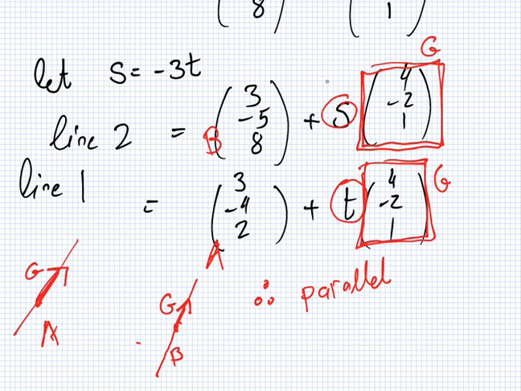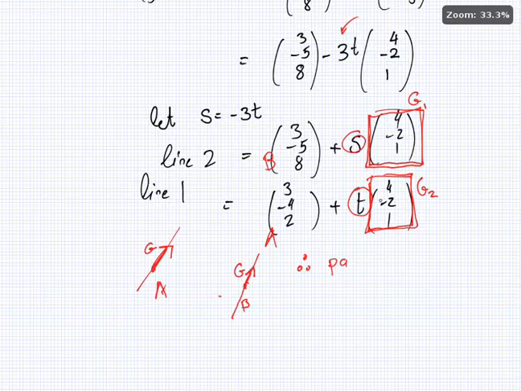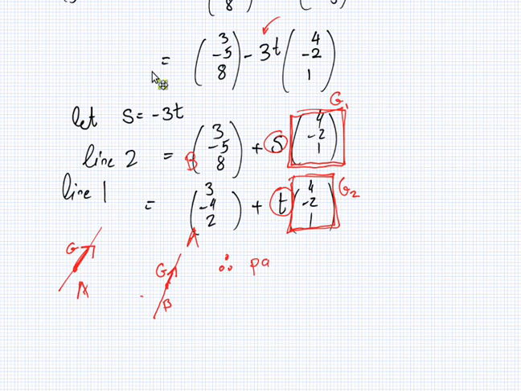To show that two lines are parallel, if we call this G1 and G2, you need to show that G1 is equal to some multiple of G2. And likewise, if you wanted to show that they're perpendicular, then the dot product of these two should equal 0. Okay, so write this one down, and then that's the vectors question.